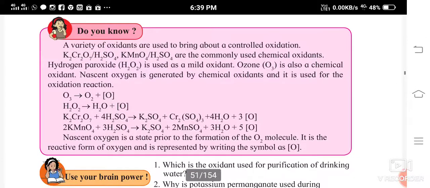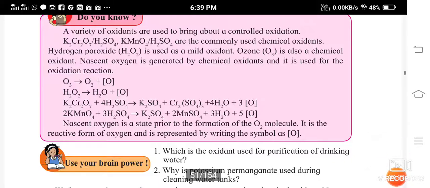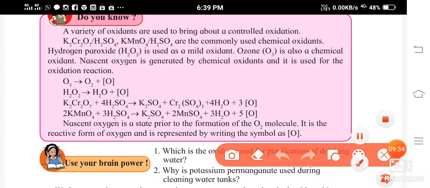Do you know a variety of oxidants are used to bring about a controlled oxidation? Various substances are used as oxidants. Which are those?